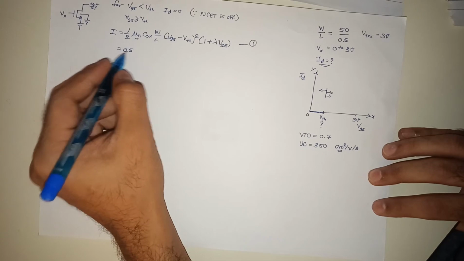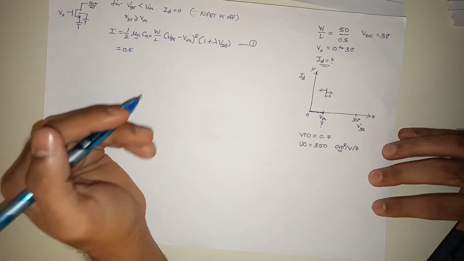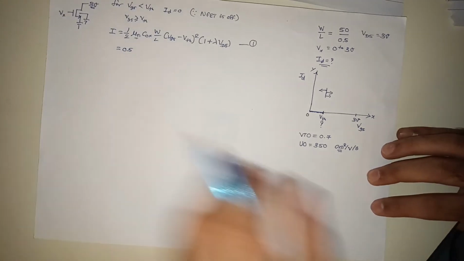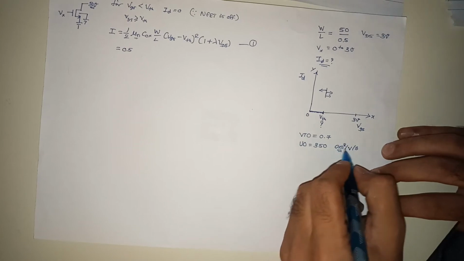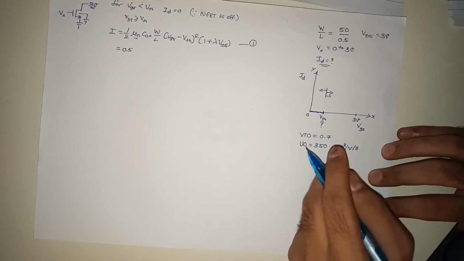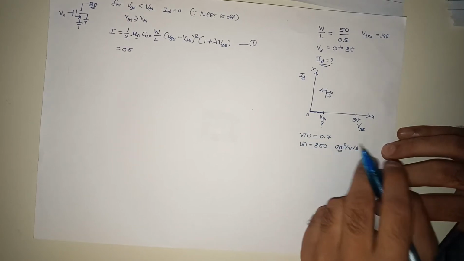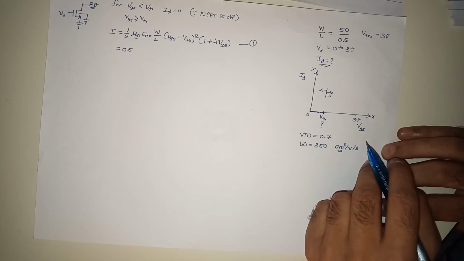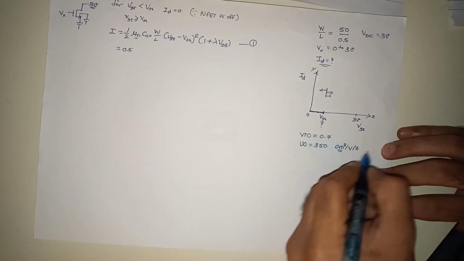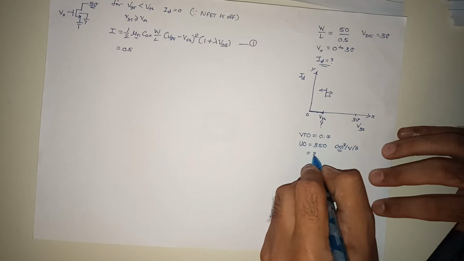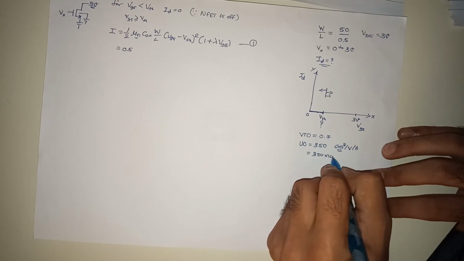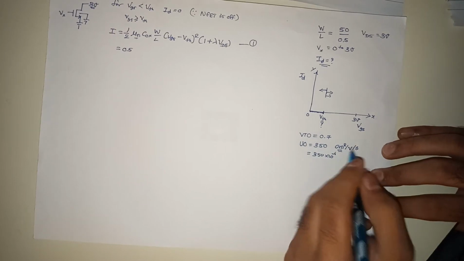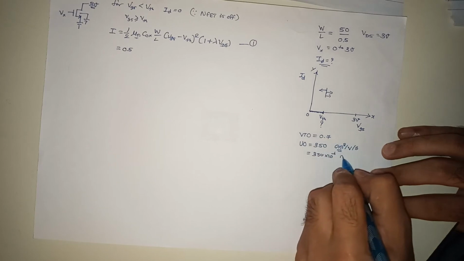I mean, the calculation will be correct, but your power of 10 will not be correct. So be careful about this unit. So how to convert into meter square? That will be into 10 raised to 4. So 350 into 10 raised to minus 4, not plus 4. It will be meter square.